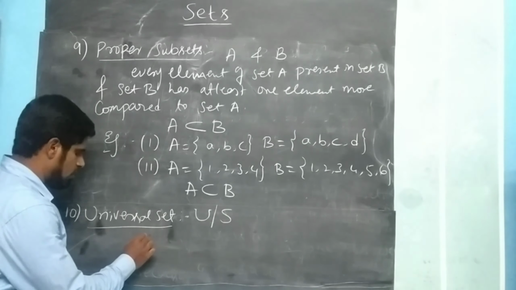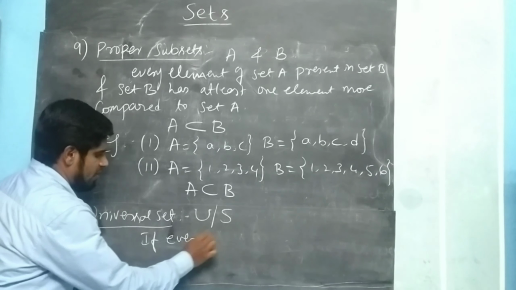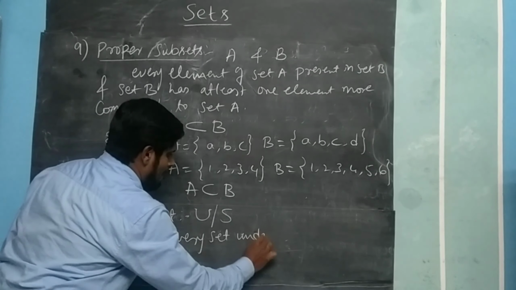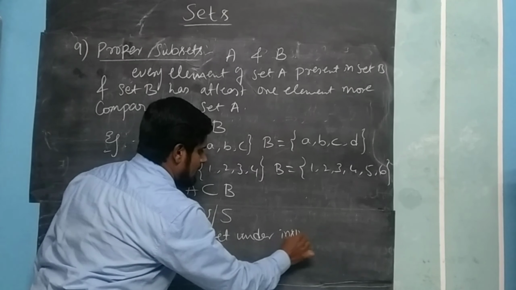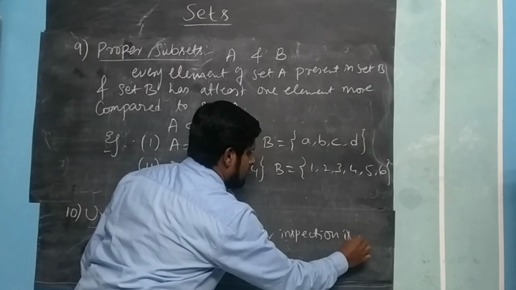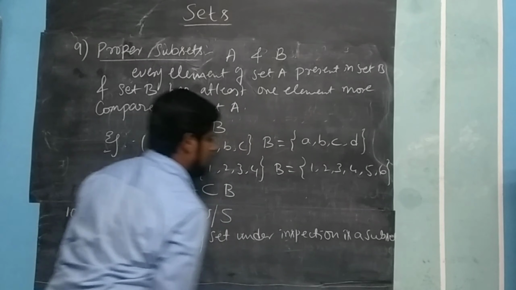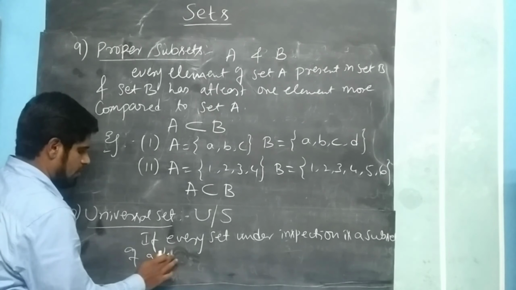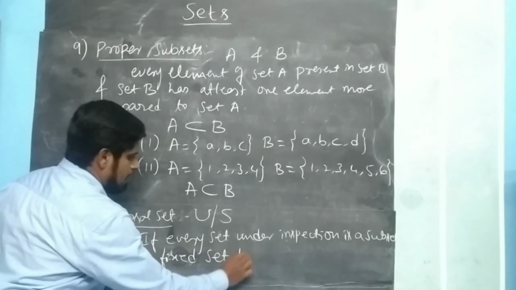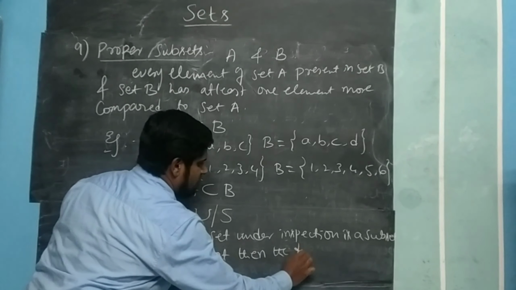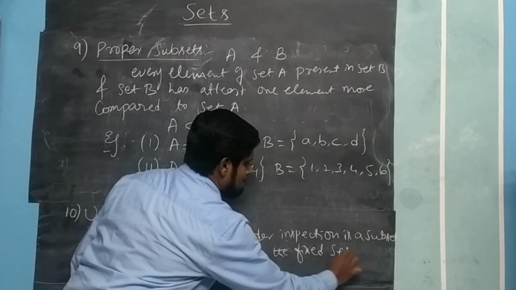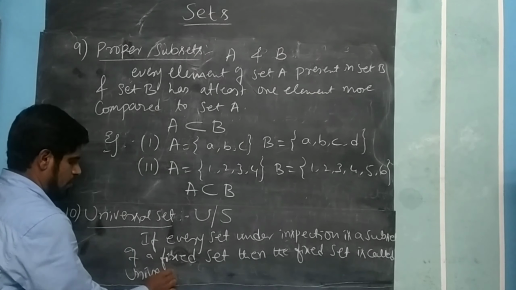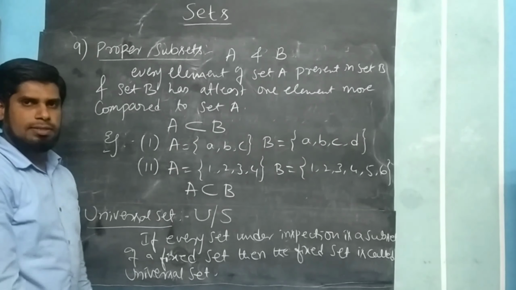That is, if every set under inspection is a subset of a fixed set, then the fixed set is called a universal set.